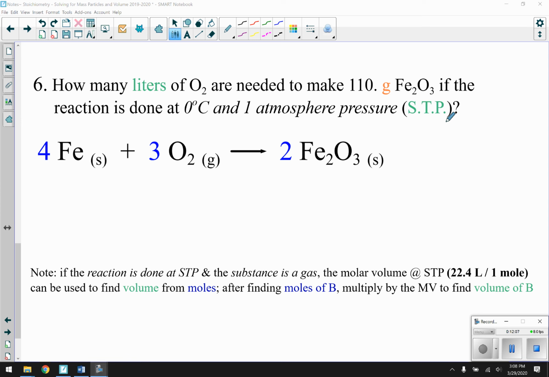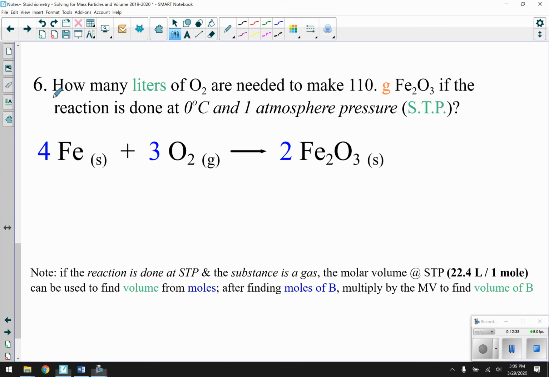You can only use the molar volume, as we did in the last chapter, when your substance is a gas and when the gas is at 0 degrees C and 1 atmosphere pressure, also known as standard temperature and pressure. But if your reaction is done at those conditions and your substance is a gas, you can use the molar volume to calculate volume instead of using the density. Let's see how this shakes out.